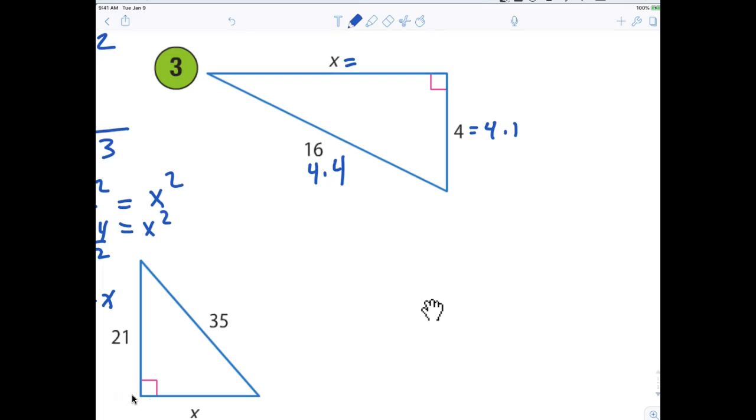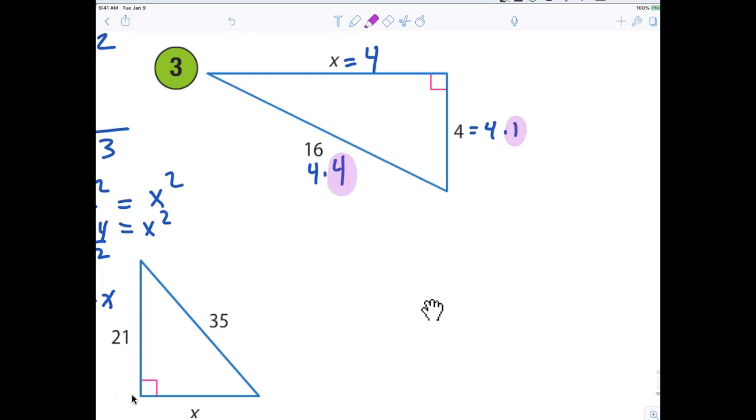I don't feel like doing 16 squared minus 4 squared and then figuring out what perfect square fits in there. I'm trying to show you, recognize these. There's a common 4 here and a common 4 here, right? So up here, it's got to be 4 times something. It's just 4 times however you solve the Pythagorean theorem. Now, you have to remember, I'm only using 1 and 4 now.